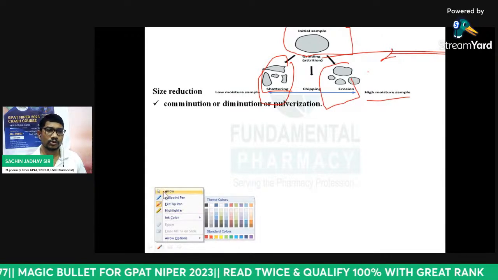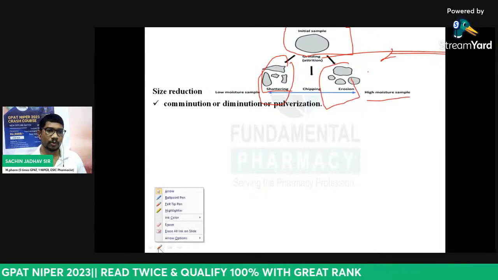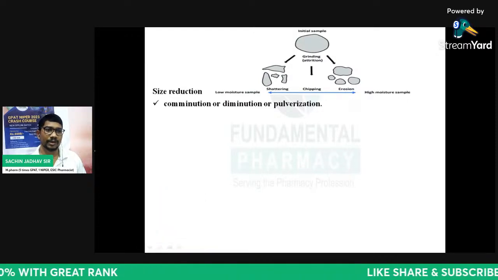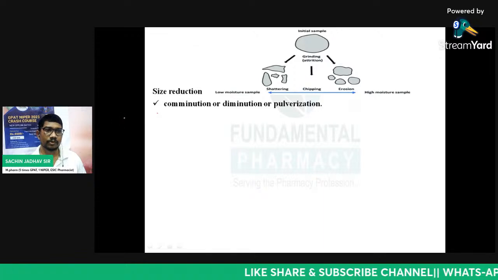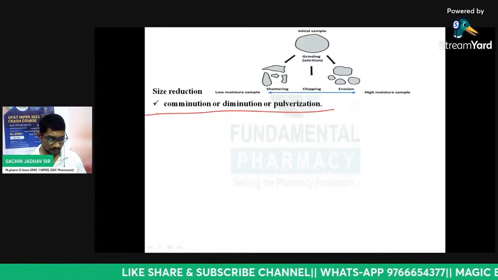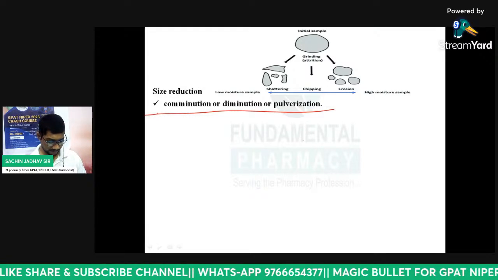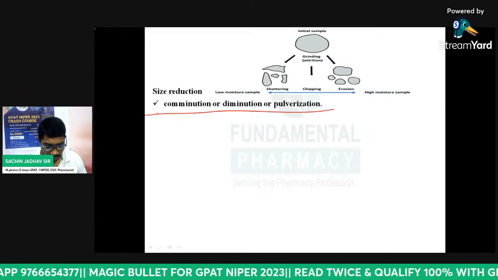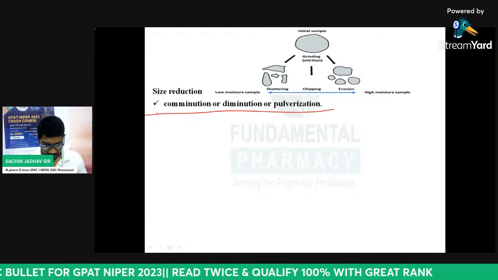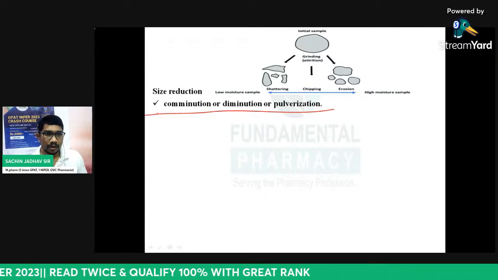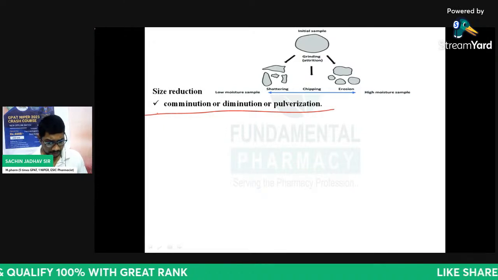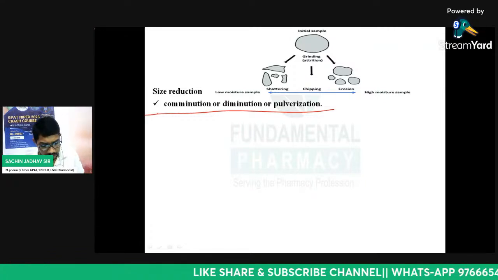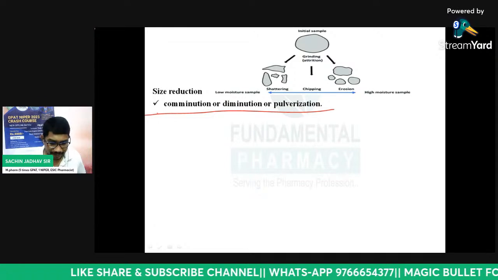Size reduction is also known as comminution, diminution or pulverization. Very, very important. You have to remember the synonyms of size reduction.